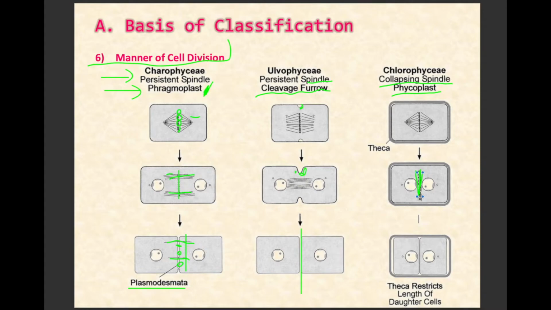So bakit siya ganyan? Ganito yung klase ng division niya, 'di ba? Essentially, sa una, metaphase chromosome, ipupull ng spindle fiber towards each end of the cell. But sa cases ng mga Chlorophyceae, these spindle fibers will collapse or will get dissolved, or mawawala siya.